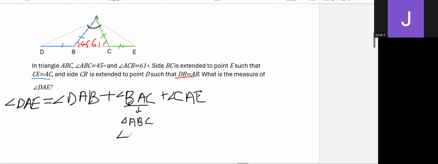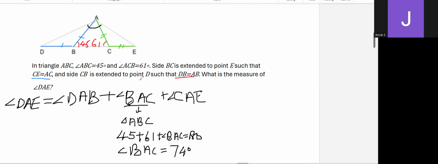So that means 45 degrees plus 61 degrees plus angle BAC is 180 degrees. Does that make sense? Now we do the math. So angle BAC is equal to 74 degrees. You can use a calculator to try this. So the measure of angle BAC, we got it.